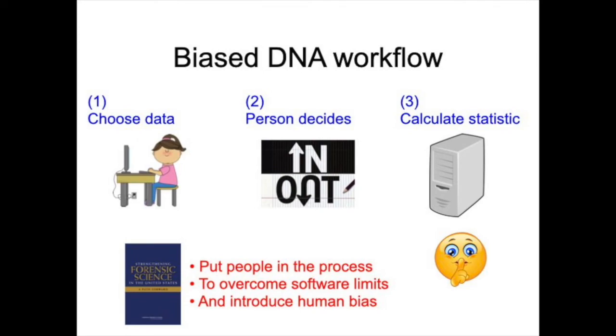The data are chosen. Comparison is made with an answer of a possible suspect. A human analyst decides which data will be used or not. Only after a person has curated that data in the context of what might be a desired answer is any statistic calculated.